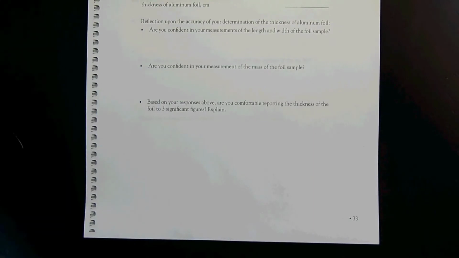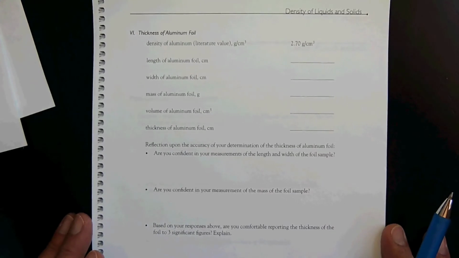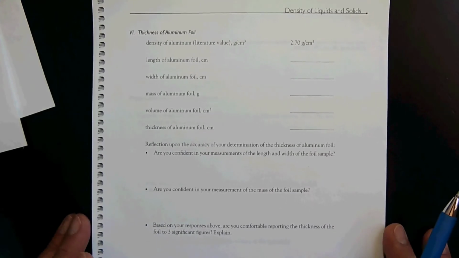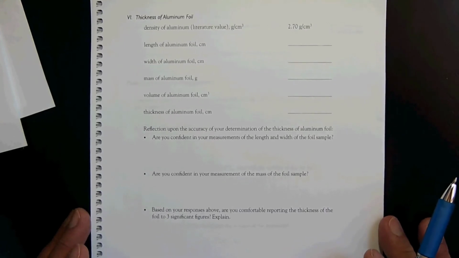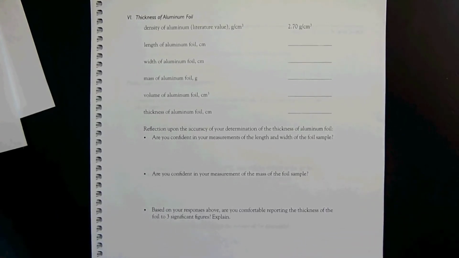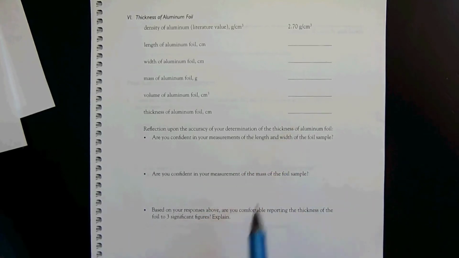Last part of this thing, they have a problem here. This is the more interesting part of this lab, where you're not measuring density, but instead you're using density to determine the thickness of a piece of aluminum foil. Just refer to the PDF that they gave you.